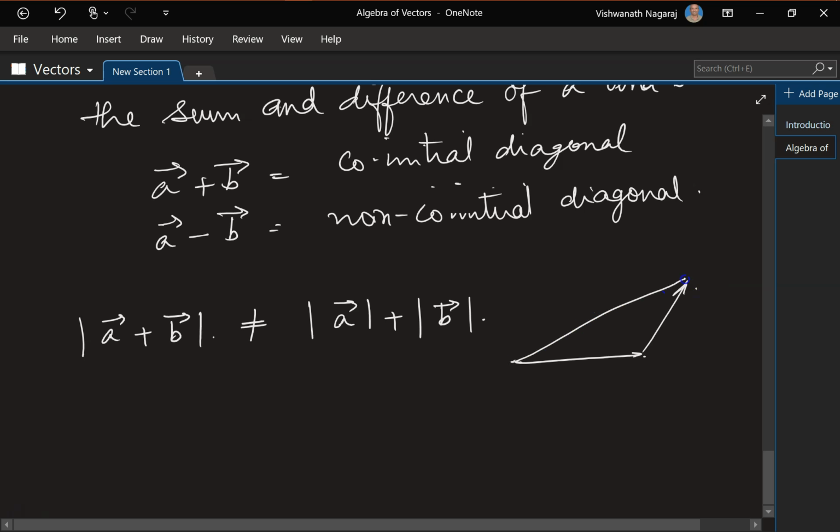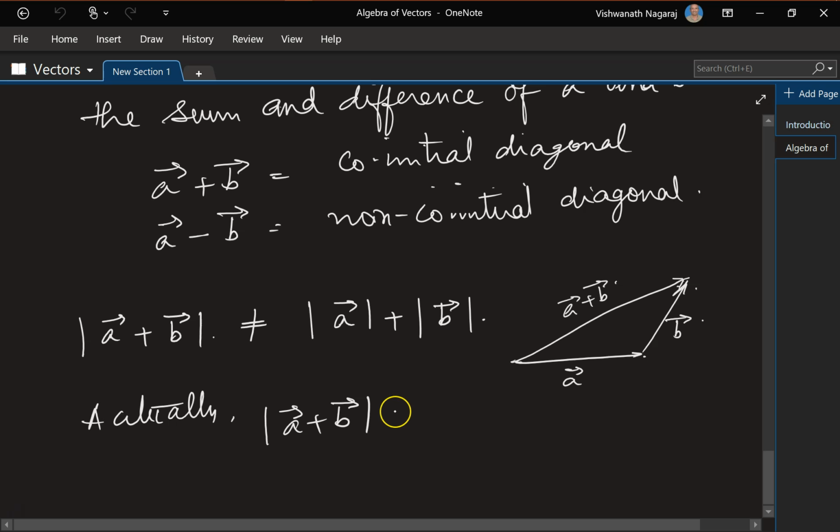You know that this, which represents A plus B, is not equal to the sum of A and B. So actually, the magnitude of the sum of the vectors would be less than or equal to the sum of the individual magnitudes.